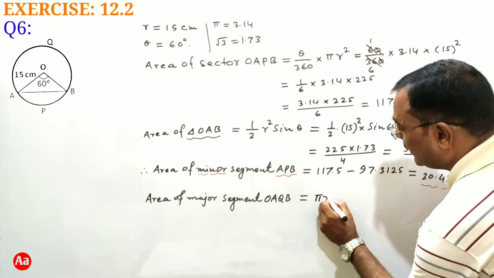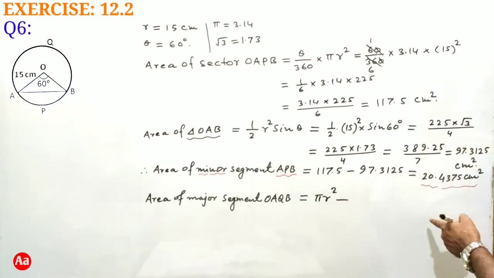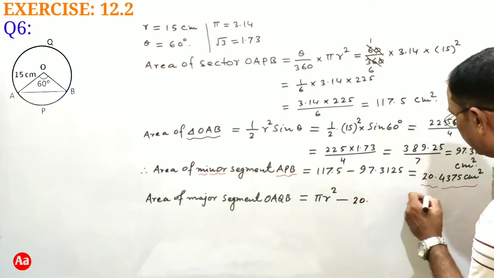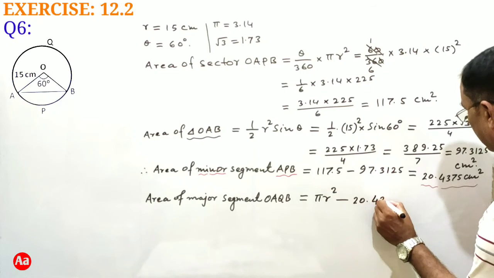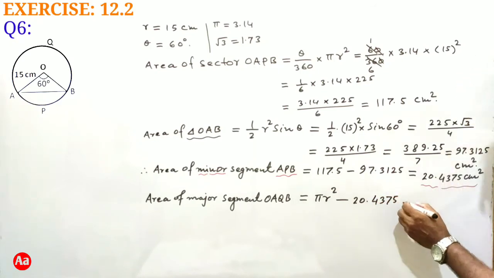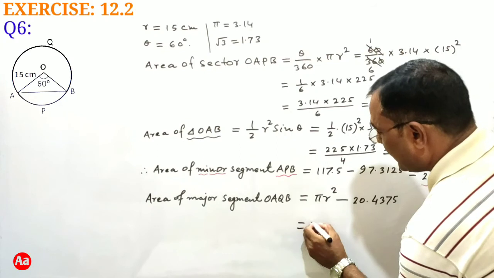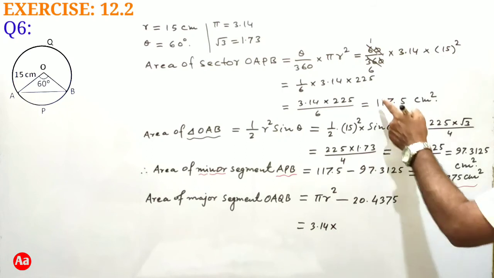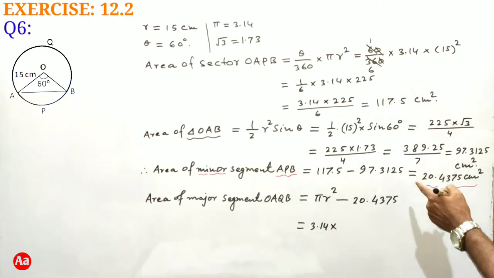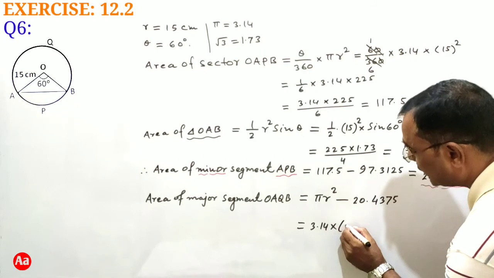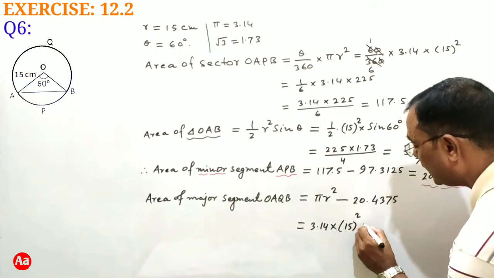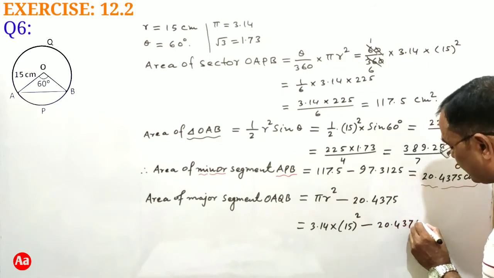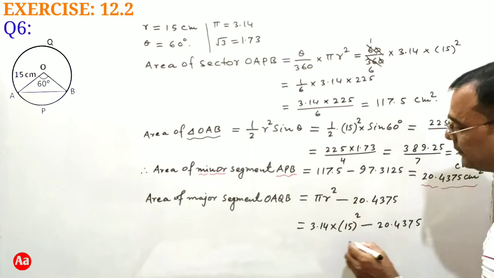So area of the circle, let's write pi r square formula, minus the area of this minor segment we have already calculated, so let's put its value directly, 20.4375 centimeter square. So pi 3.14 into, what is the radius? 15 centimeter. So 15 square minus 20.4375.